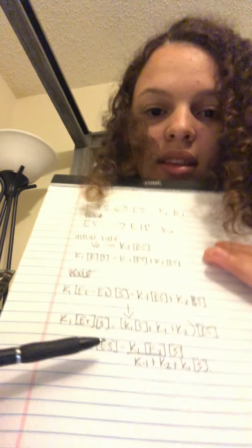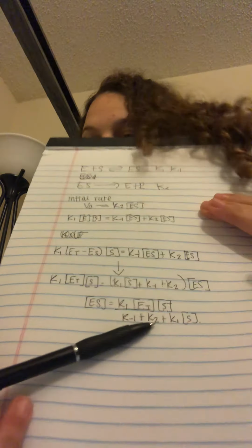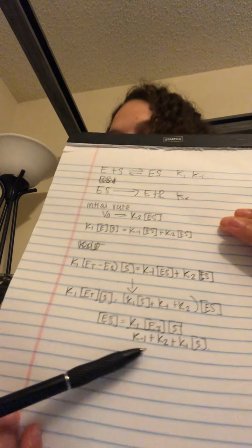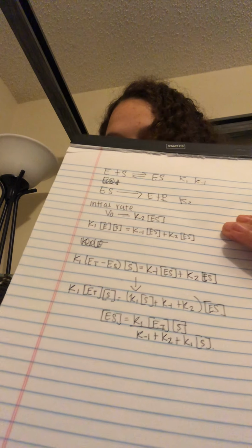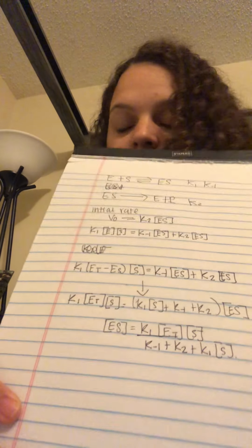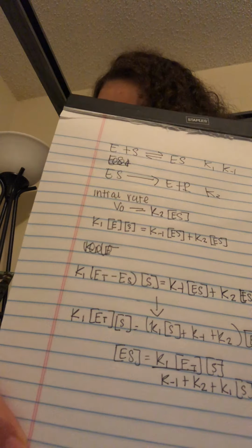And you'll rearrange that, and after you rearrange it, you will get this equation down here. In this equation, it will be rearranged to isolate the concentration and then replace the constants with the Michaelis constant, Km.